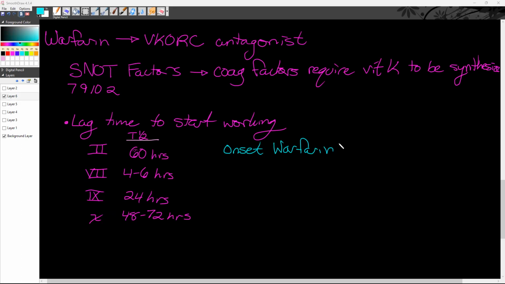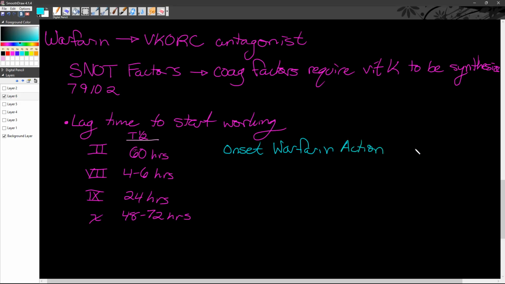The onset of warfarin action is about 24 hours. What that is dependent on is factor 7.